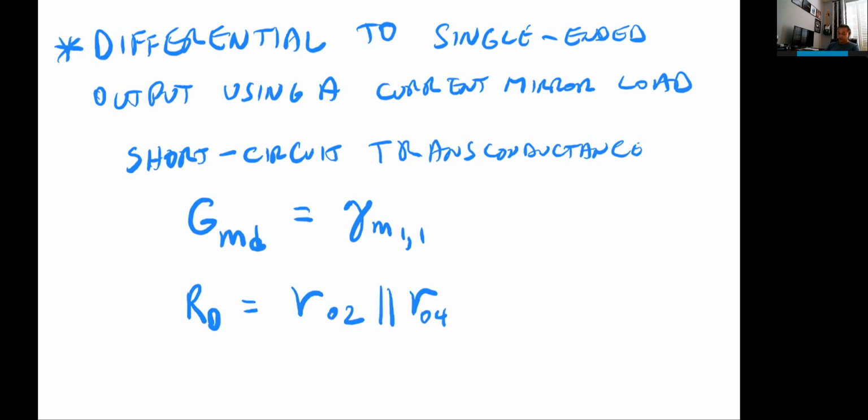And so this is the differential pair, and this is the mirror part. Let's see if it would help to show something else.